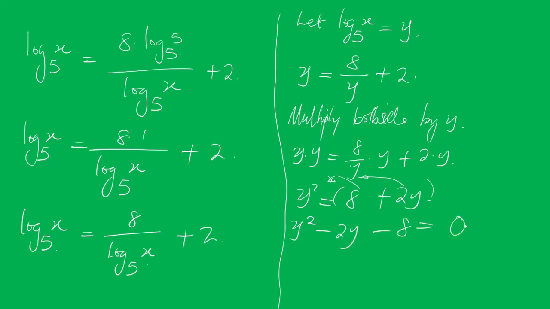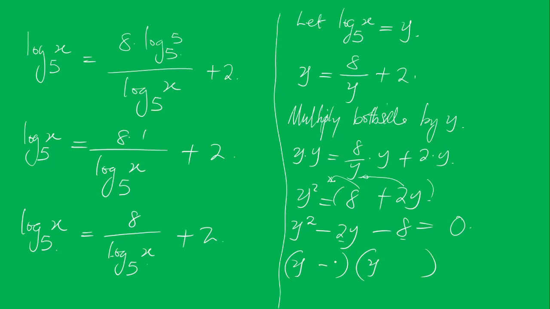Now factorizing this, let me use the fast method of factorization. Here, this is y squared, so y, y. Now, what are the factors of 8 that when you sum them will give you 2?